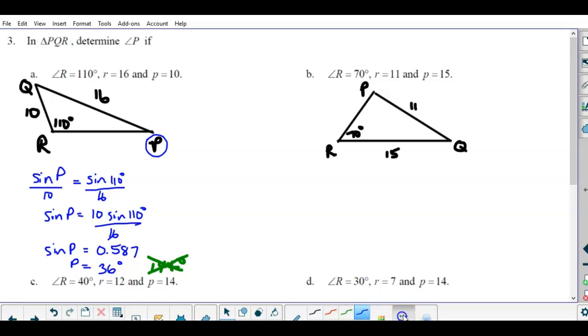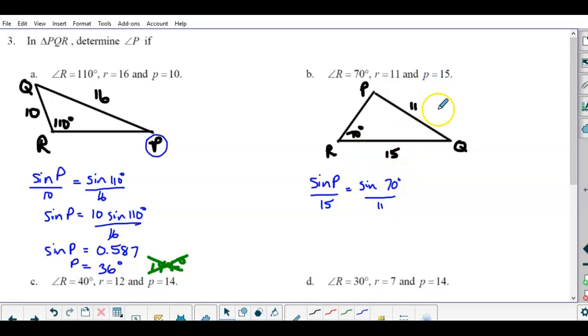So then I am finding sine of P over 15 equals sine of 70 over 11.